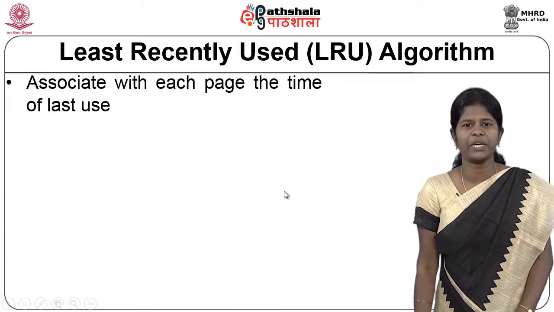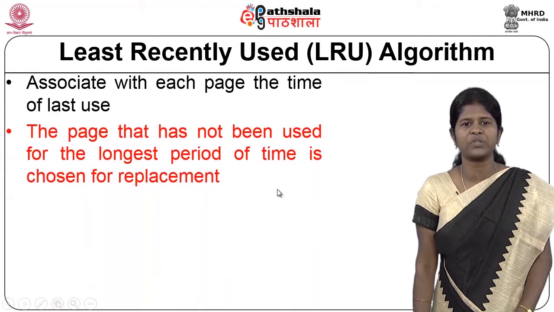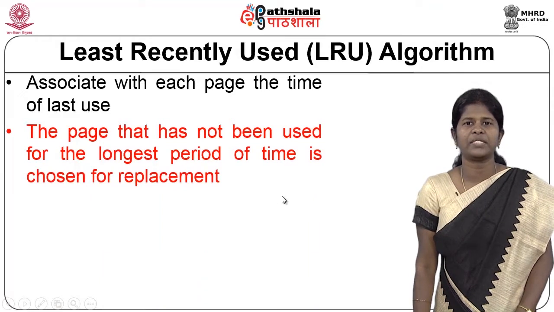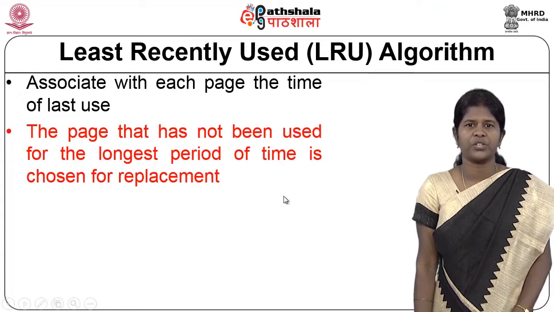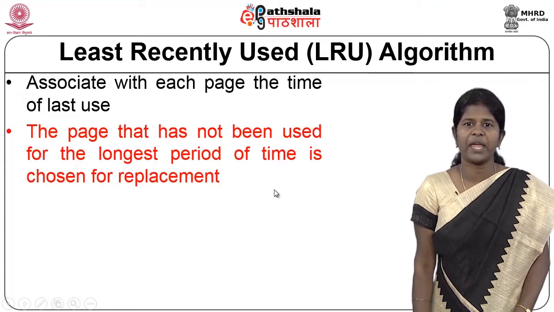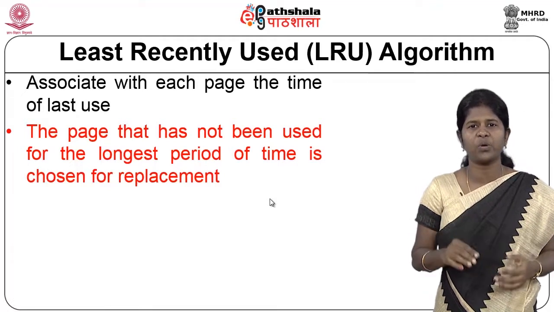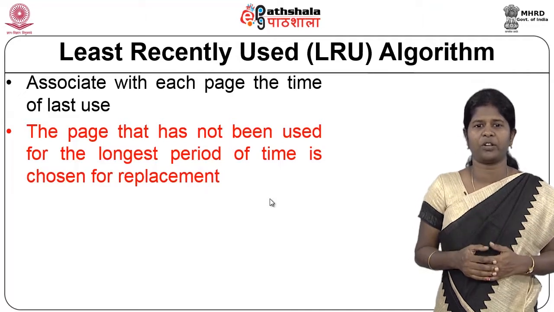So, for implementing this least recently used algorithm, you associate with each page the time of last use. That is, whenever a page is being referred to, the time at which that particular page was referred to is noted along with that page.